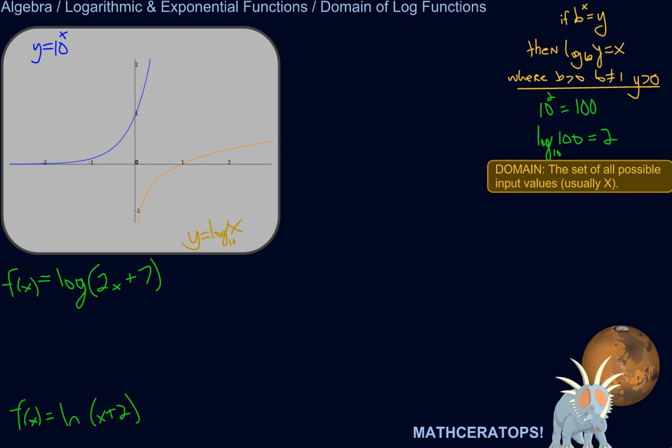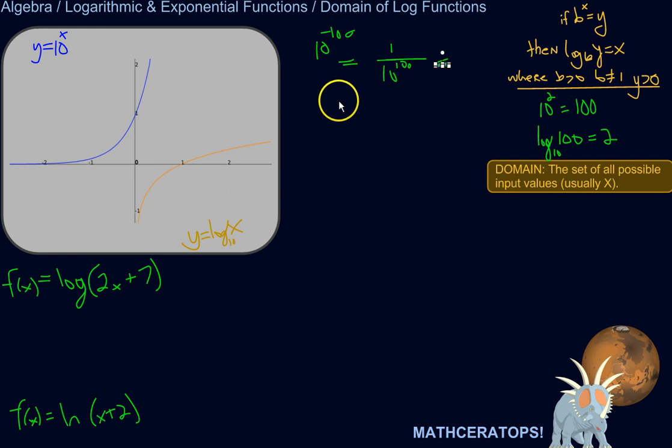10 to the negative 100th is equivalent to 1 over 10 to the positive 100th. So it's 1 divided by a very large number, which is equal to a very tiny number, but still positive.